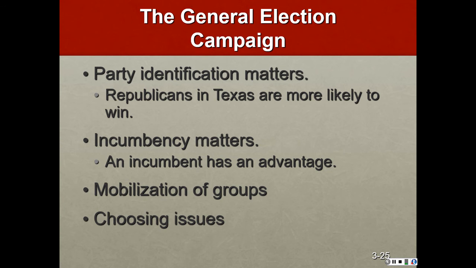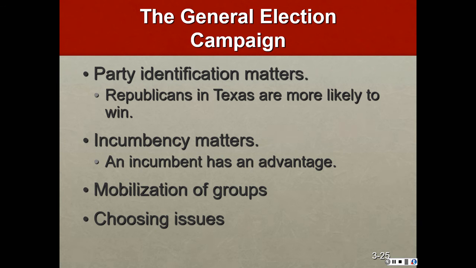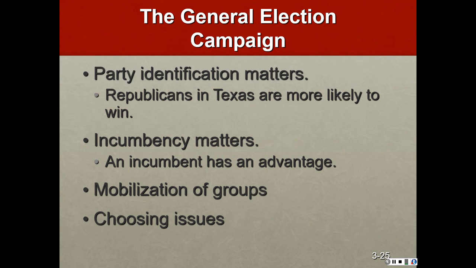Choosing issues. Choosing issues is hard in a general election campaign. You don't want to get on one of the more controversial issues. Why is that? You want to get elected, you need the majority of the vote.